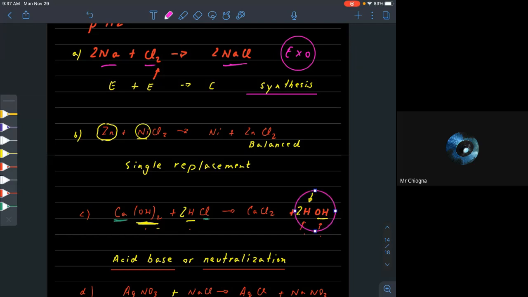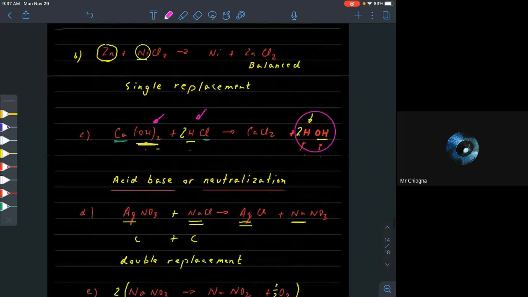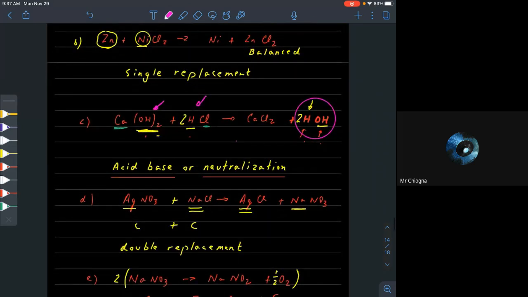You're splitting the hydrogen up from its original bond, the hydroxide up from its original bond, and you're forming water. Water is a very strong bond. That's why there's so much of it. Whenever you form a strong bond, that releases lots of energy. So any neutralization are exothermic.